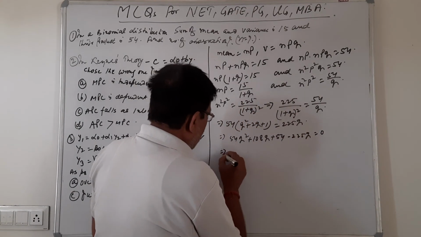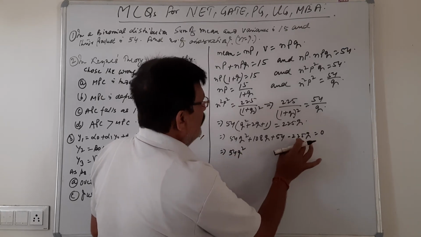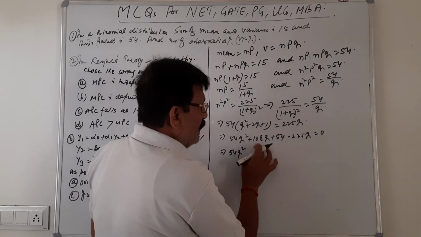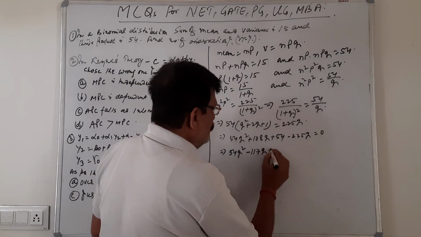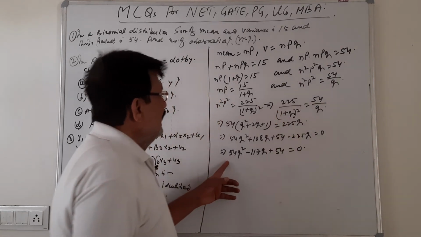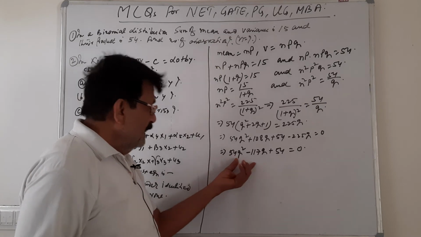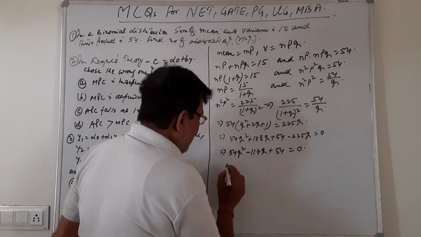Now we have a quadratic equation, 54q square minus 225q plus 108q, so minus 117q plus 54. This is a quadratic equation. This has to be solved and we can't factor it.